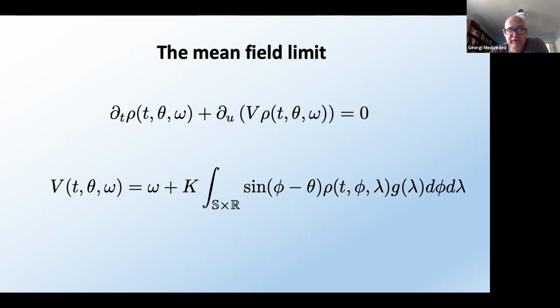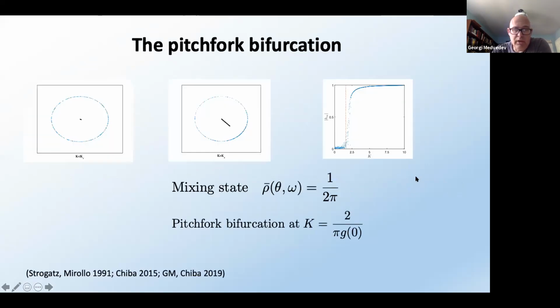The vector field in the Vlasov equation for the Kuramoto model captures the coupling and the distribution of frequencies. For this equation, one can identify a steady state solution, which corresponds to the mixing state.